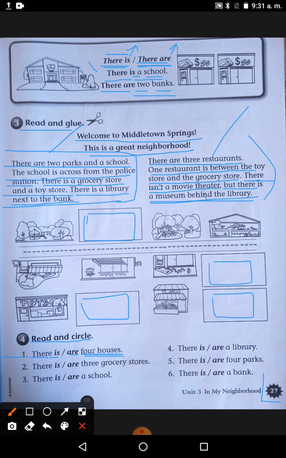How many houses are there? 4 houses, yes, more than one. Well, that means that it is plural, and the correct verb to be here is are, yes. There are 4 houses. Okay? Well, now it's your turn.